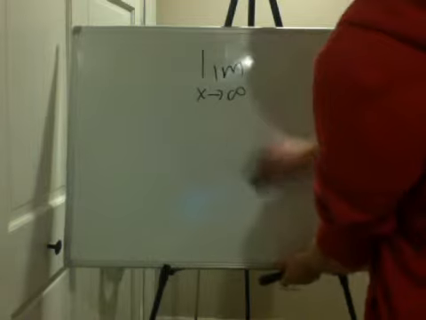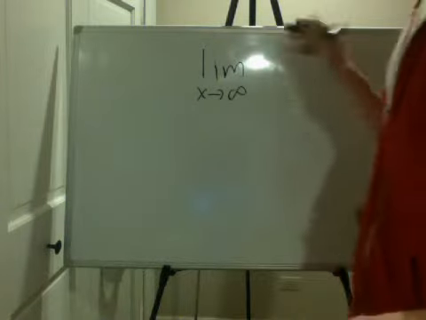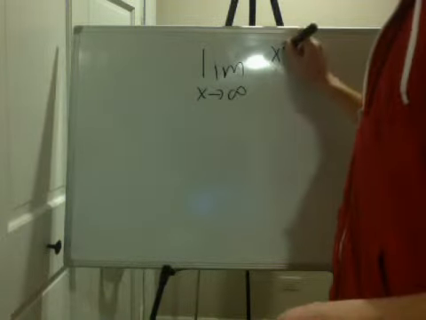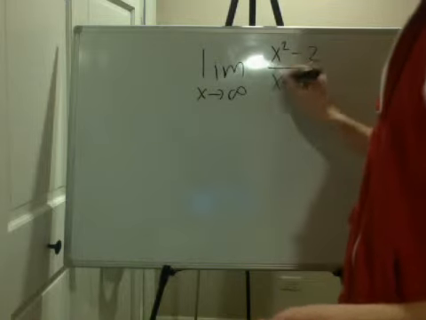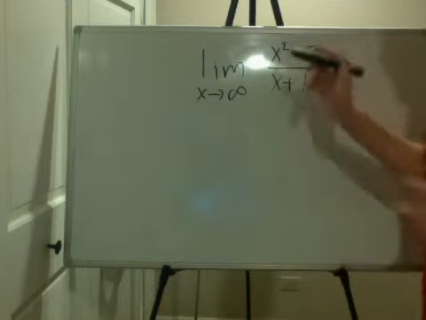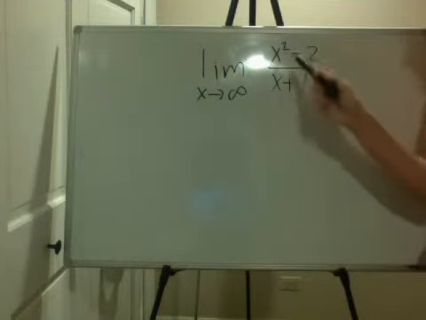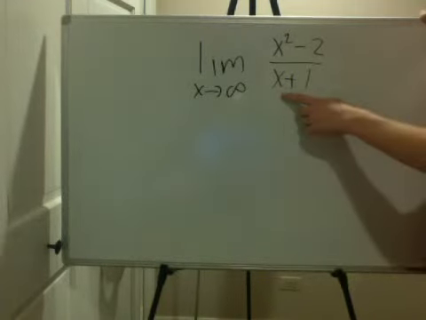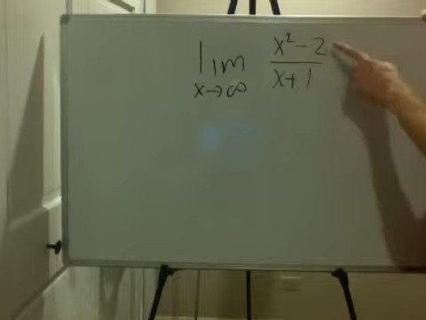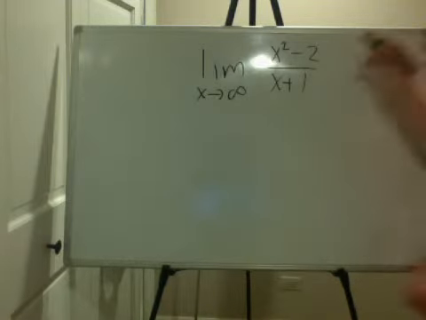Now let's remember the rules, though, about the top heavy, bottom heavy. If it's top heavy, so for example, if we have x squared minus 2 over x plus 1, where the highest power on the top, which is x squared, is higher than the highest power on the bottom, then this is going to equal infinity.